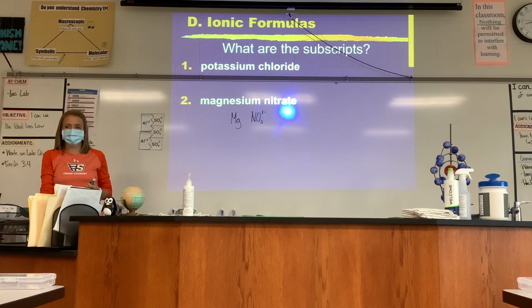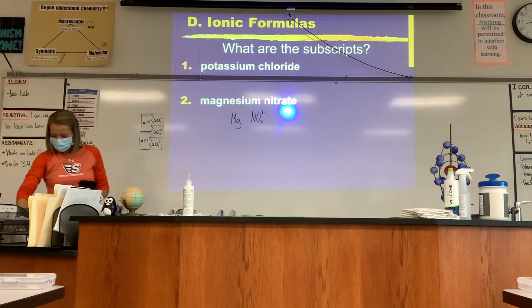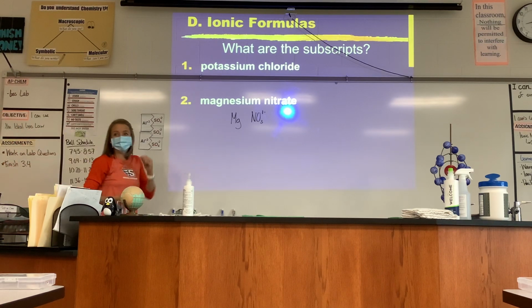Does everyone see nitrate? Help your neighbor out if they don't find it. Oh, nitrite and nitrate. That's two different ones. Yes, look carefully because there's an I and an A, and they are different things.